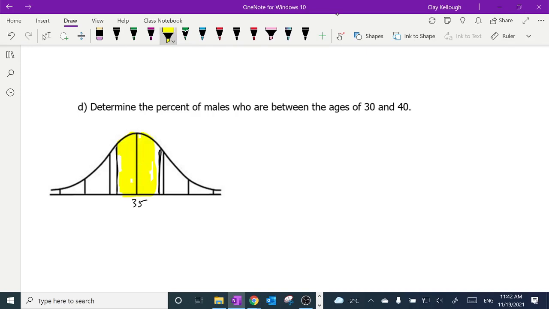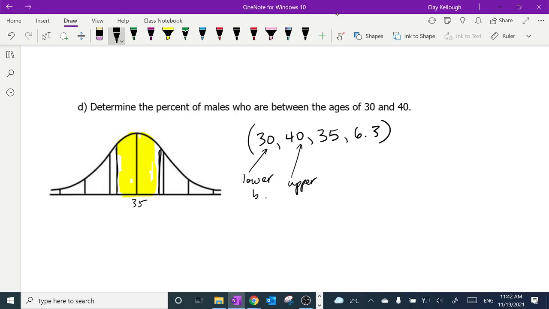How do I do this one? On the TI, it's lower boundary 30, upper boundary 40, 35, 6.3, right? So again, that's lower boundary, upper boundary, mean, standard deviation.